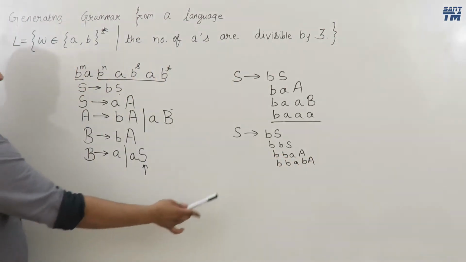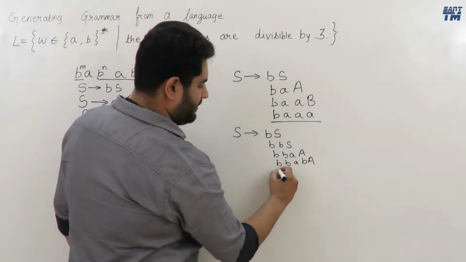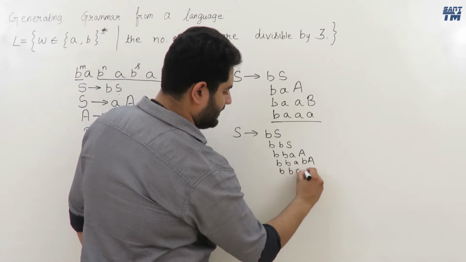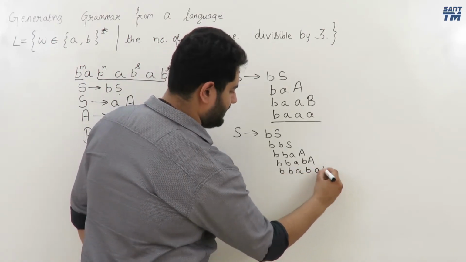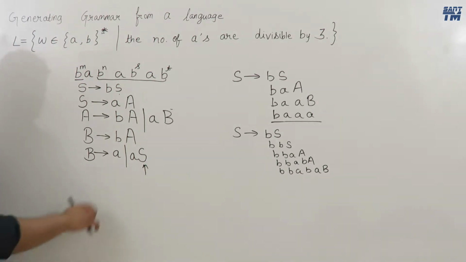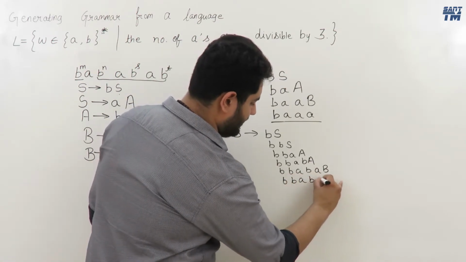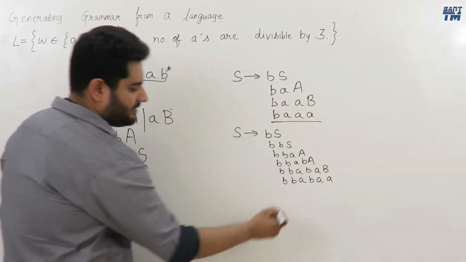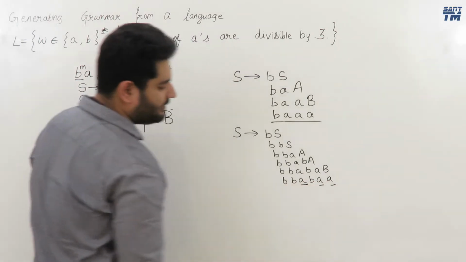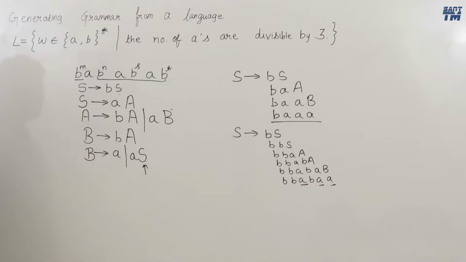Now in place of this A, let us say we substitute AB, B. Now in place of this non-terminal B, let us say we substitute A, A. Number of A's are 1, 2 and 3. So number of A's are divisible by 3 and so this string will be acceptable by this language.